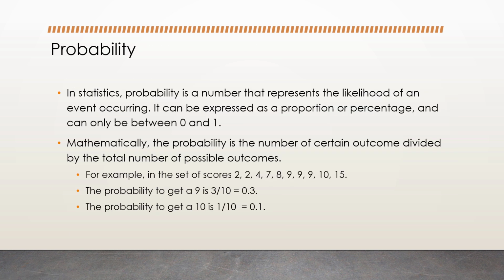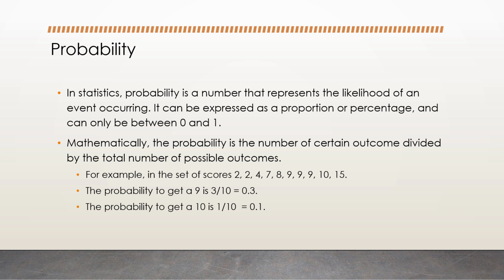Similarly, in a normal distribution, the scores are connected with probability through the standard scores. To show how a normal distribution makes probability easier, let's agree that probability is a number that represents the likelihood of an event occurring. It can be expressed as a proportion or a percentage, and its value is always between 0 and 1.